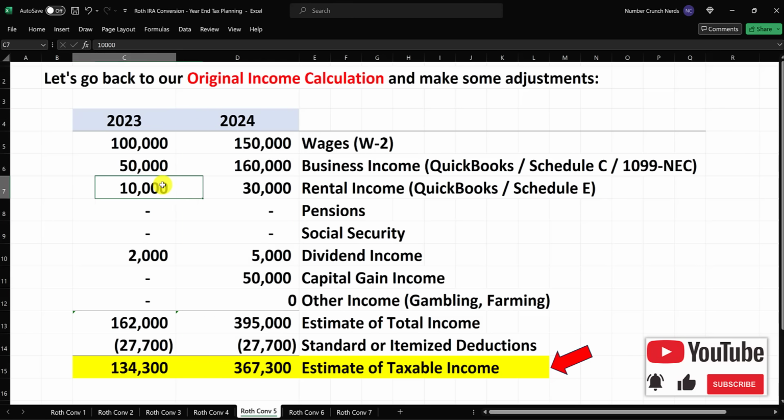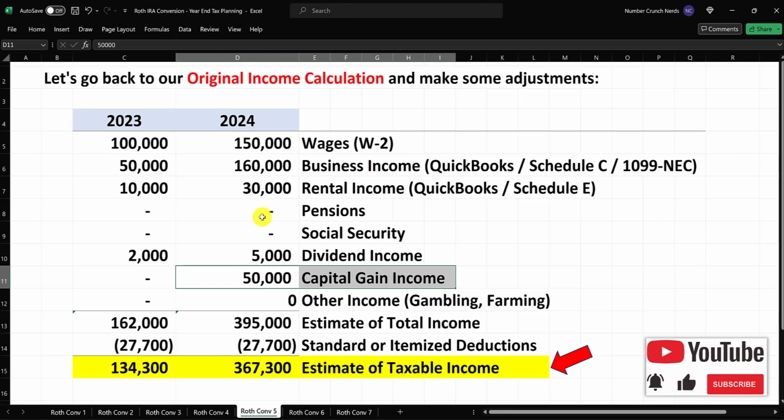So let's say your rental properties are taking off. Rents are skyrocketing. You're expecting more money there. You're expecting more money from dividends. Maybe you're planning to sell some stock or something that you've been holding on to for a long time. You're expecting capital gain income. Whatever it is, let's say that your expectation of income for future periods is going to be more. In this case, $395,000. I'm still going to throw in the standard deduction.